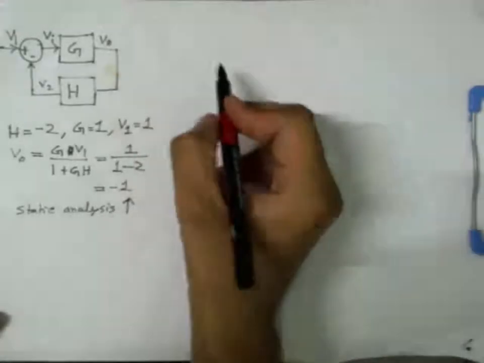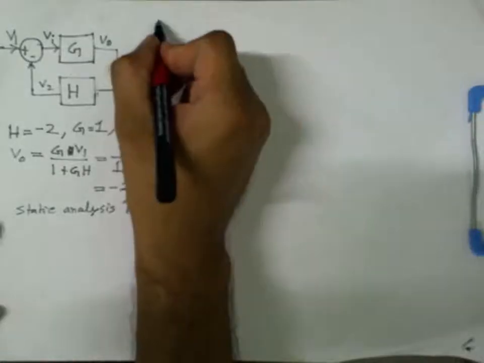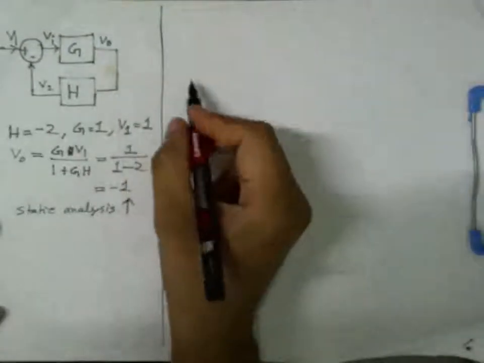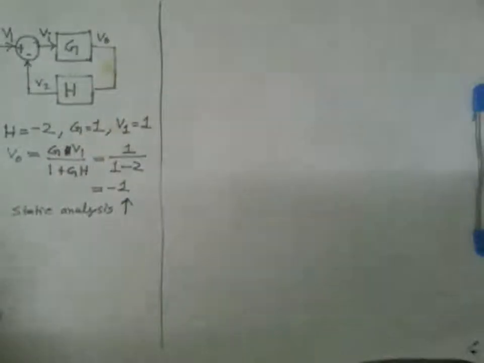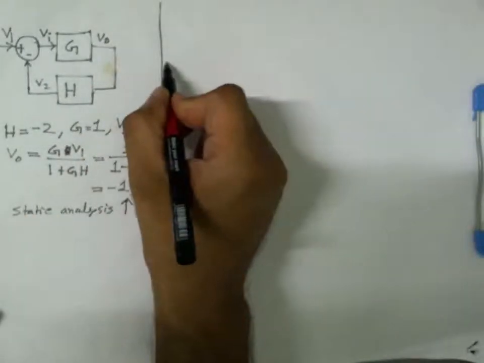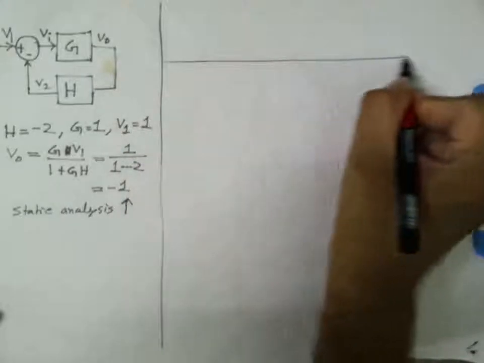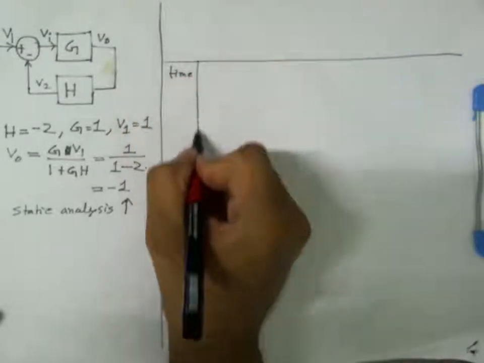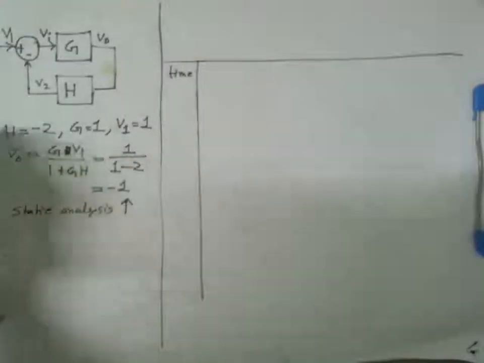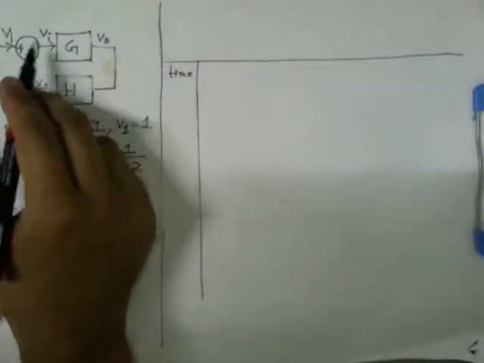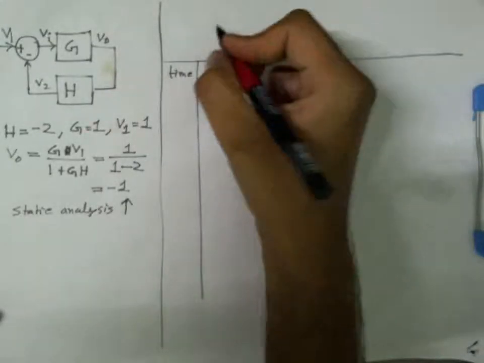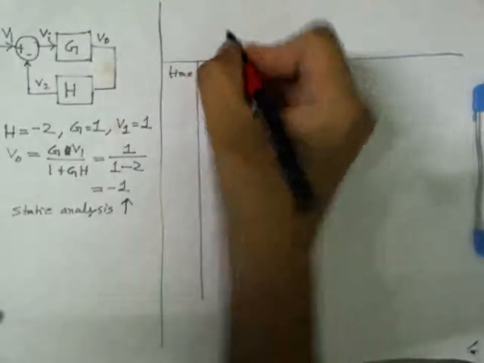Now let's look at the dynamics of this system. To understand that, we'll again make a table as before. Let us have time first, and then we have V1. Now V1 is always equal to 1.